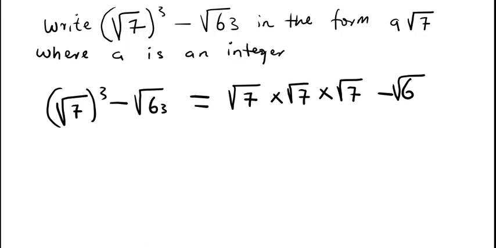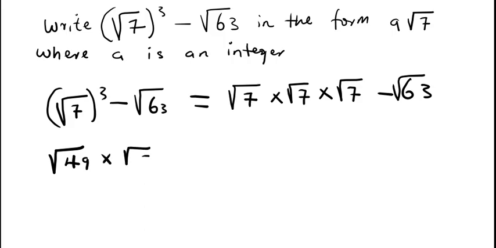Now, let's take a look at this. So here we're going to have root 49 times root 7 minus root 63.